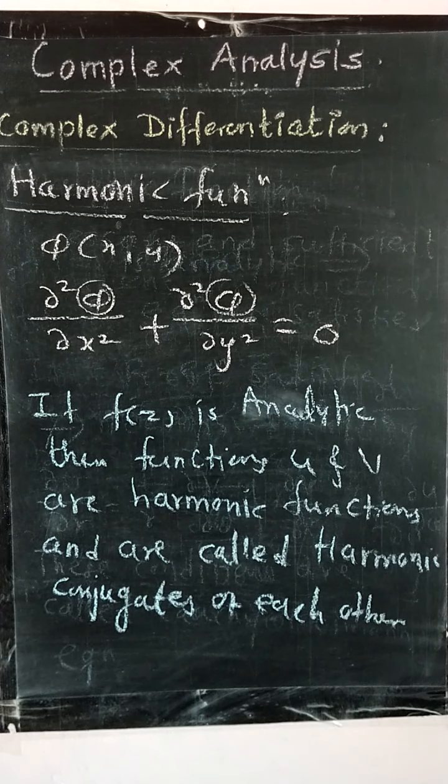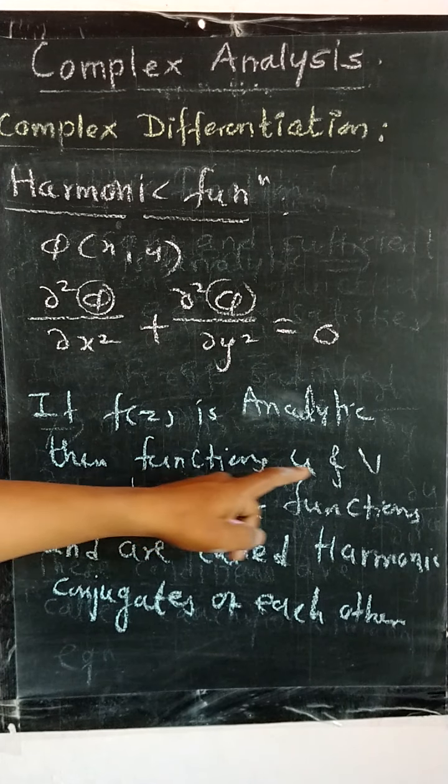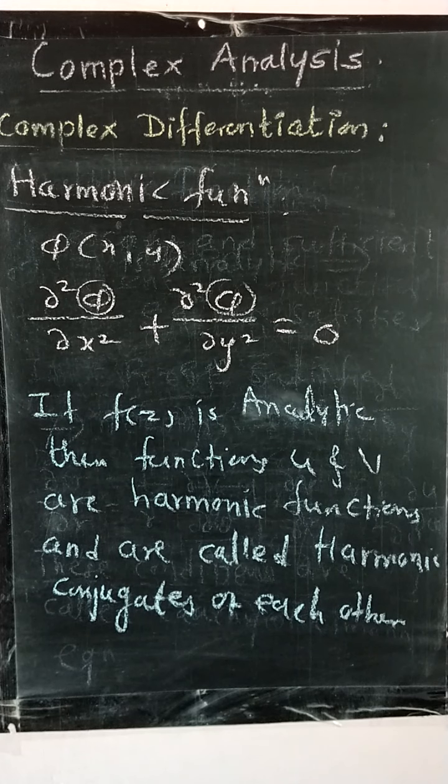So u is a harmonic conjugate of v and v is a harmonic conjugate of u.